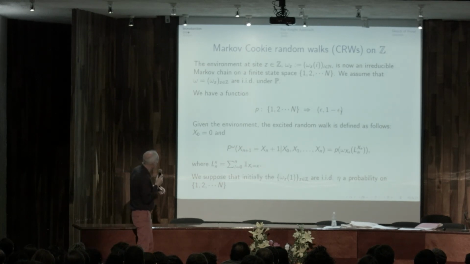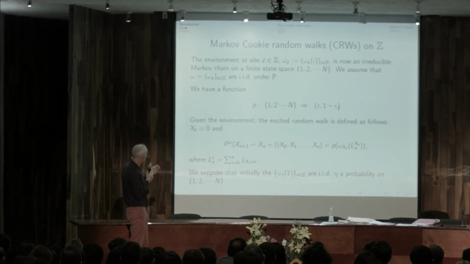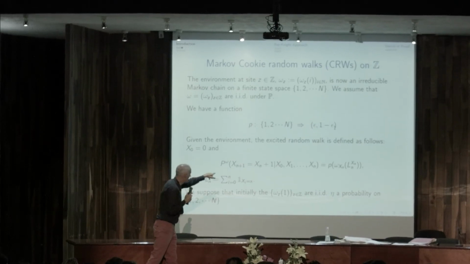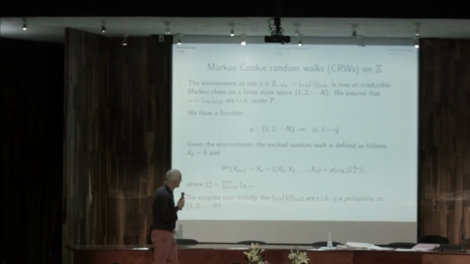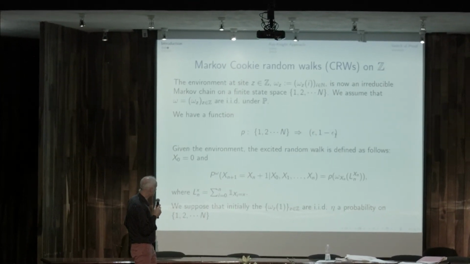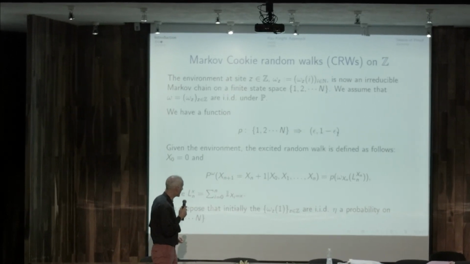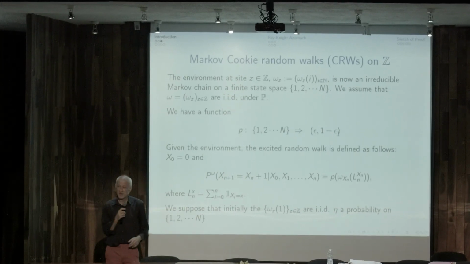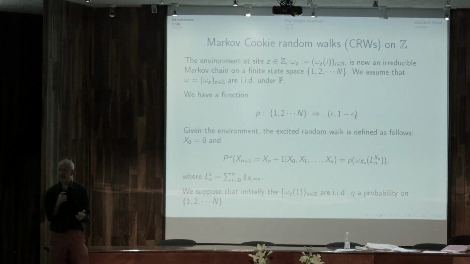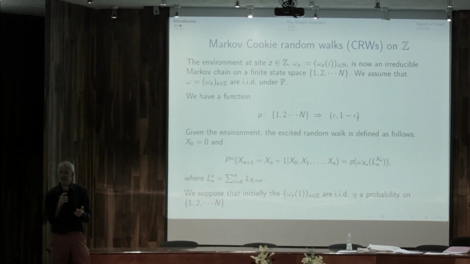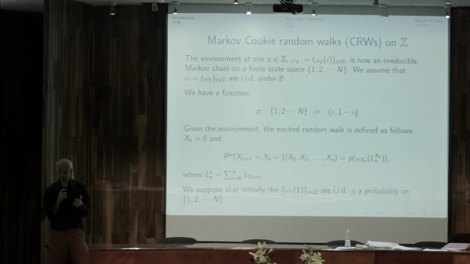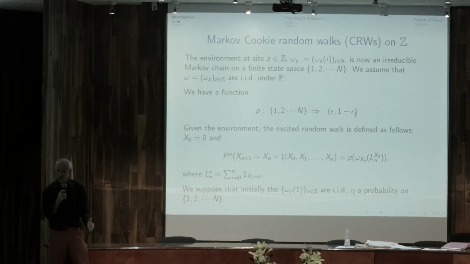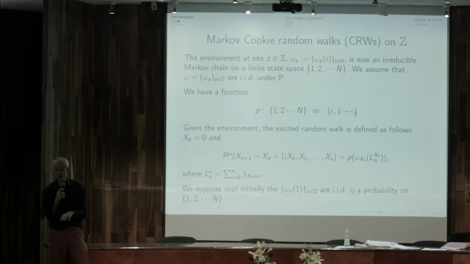But anyway, the cookies never go away. As I say, the probability of moving to the right when you're at X_n depends on the cookie, or the Markov chain value, for the Markov chain at that site, evaluated at L, the local time, the number of visits to X at that time.